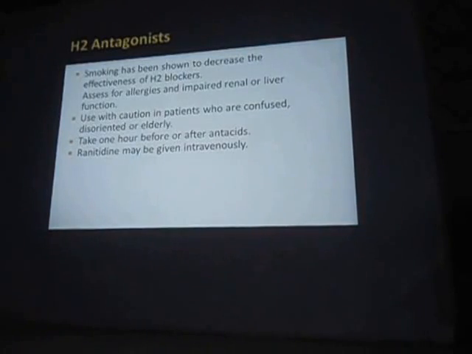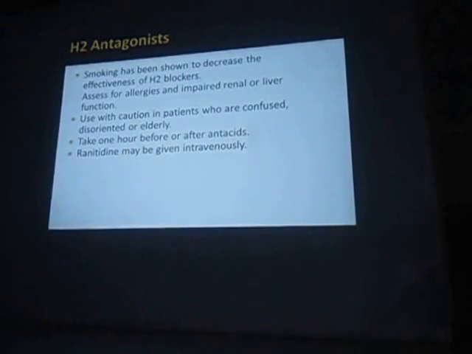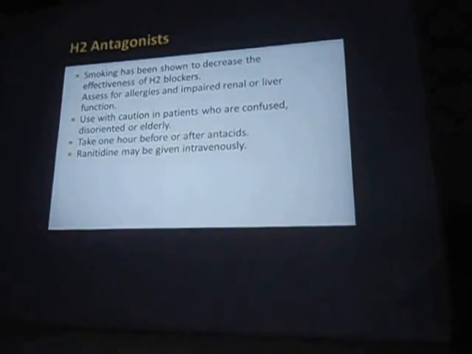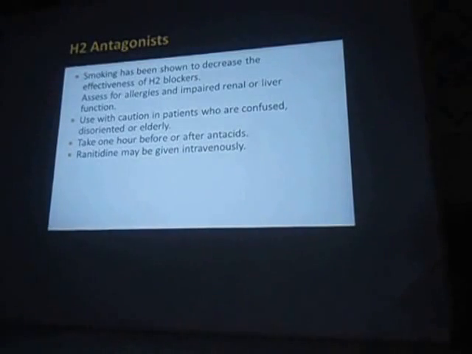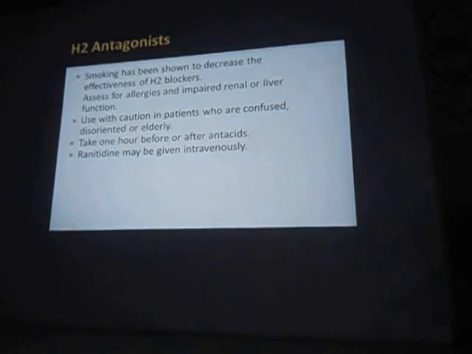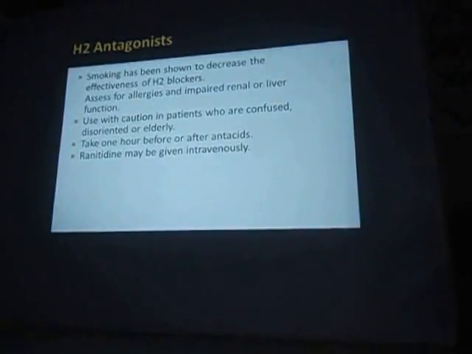With H2 antagonists, we need to take care of smoking. Use in patients with caution in confusion and disorientation. This is prominently mentioned with respect to cimetidine when it was used intravenously, where there were reports of mental disturbance. We know that antacids and ranitidine should not be used together, as one will suppress the absorption of the other.